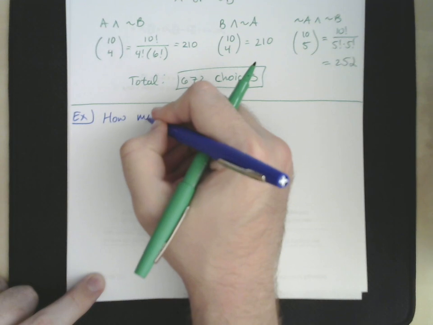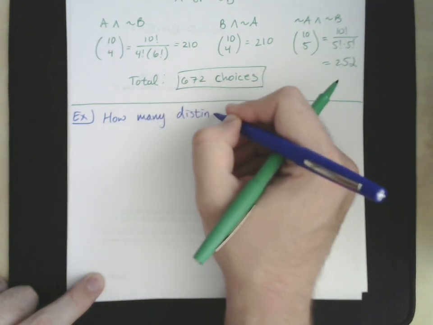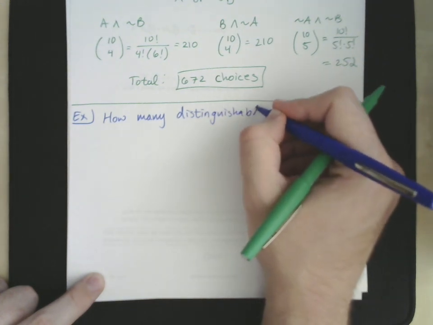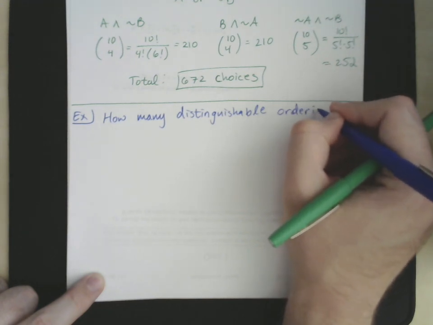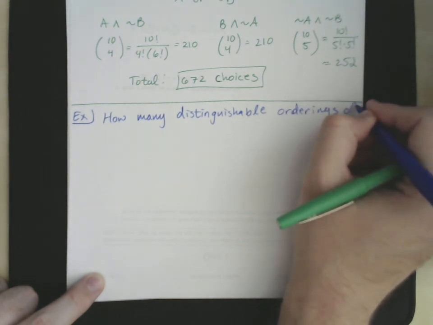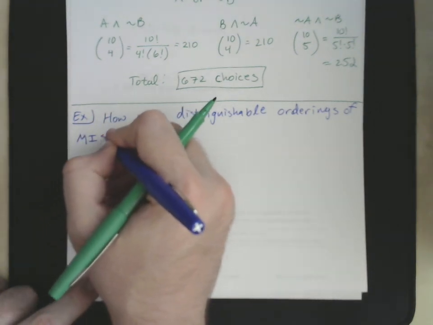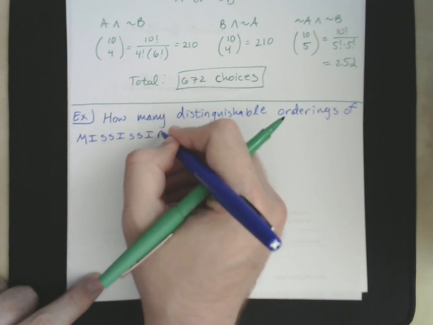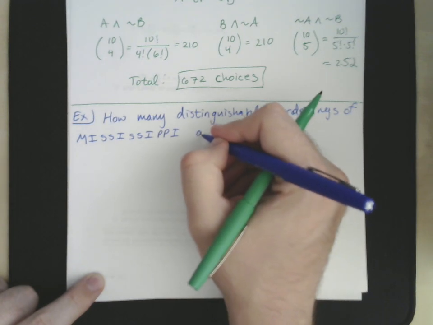So how many distinguishable orderings of, the classic word for this is Mississippi, are there?